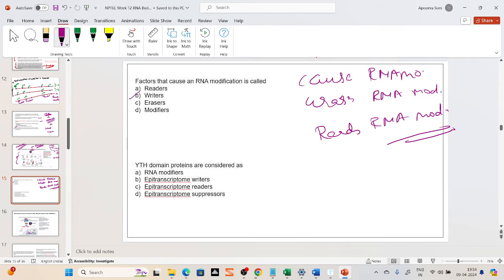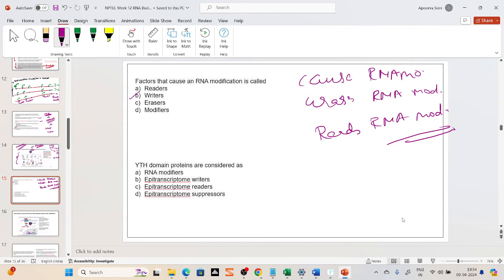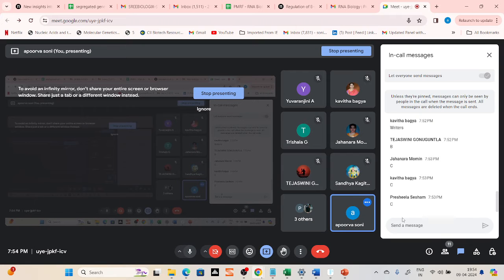Okay, I'm switching the screen now. So Jahanara has answered C, Kavita has answered C, Prashila has answered C. Trishala, you want to try?